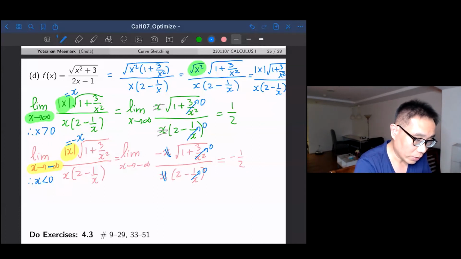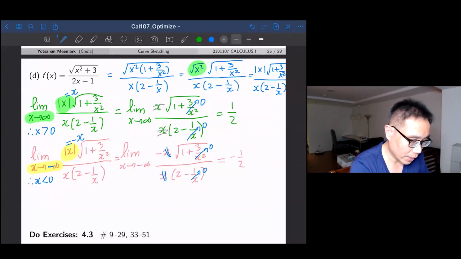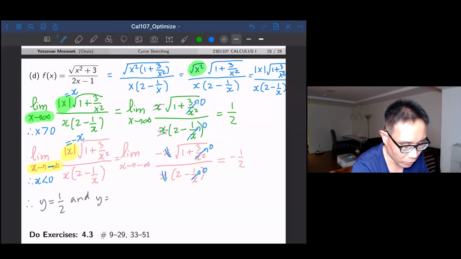So you're going to conclude for this example that you have two horizontal asymptotes: y equal to 1/2 and y equal to negative 1/2.